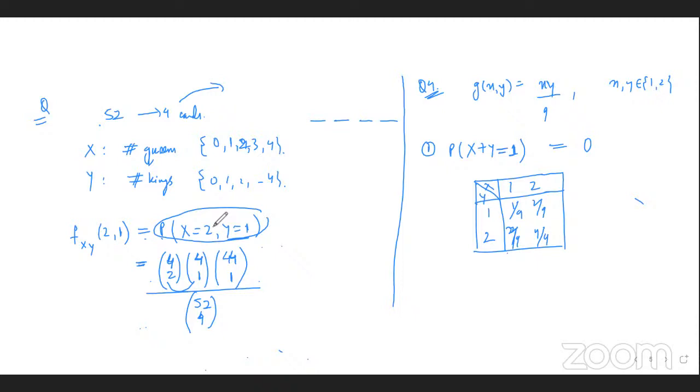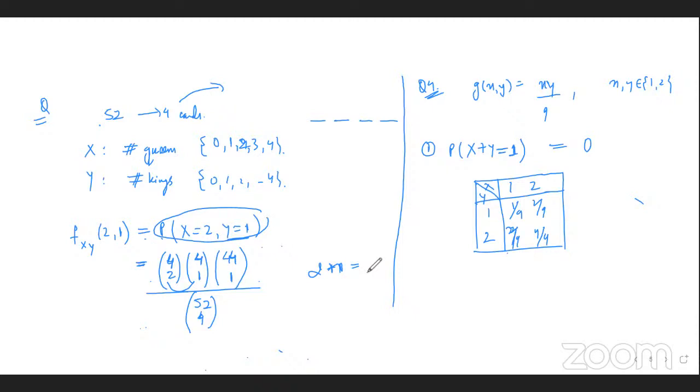1 king is 4C1. And since you have drawn 4 cards, 2 queens plus 1 king makes it only 3. You have 1 more card left to be drawn, right? So how many ways can you select some other card? 52 minus 4 minus 4 is 44. 44C1, divided by 52C4.